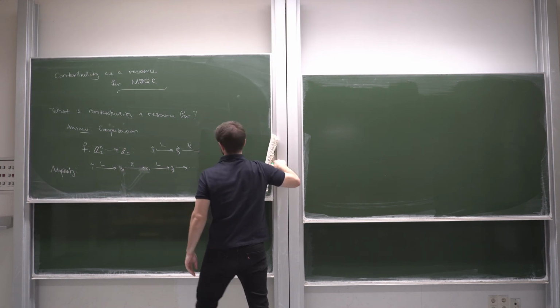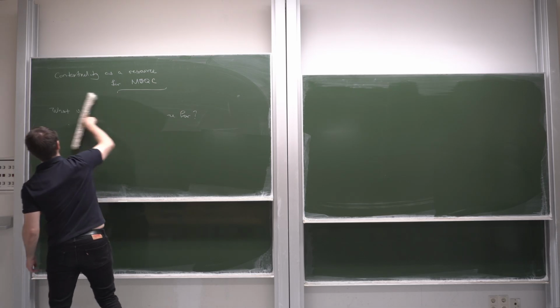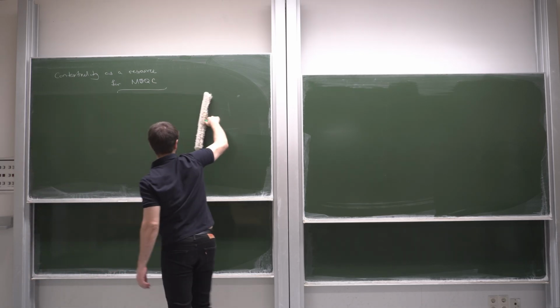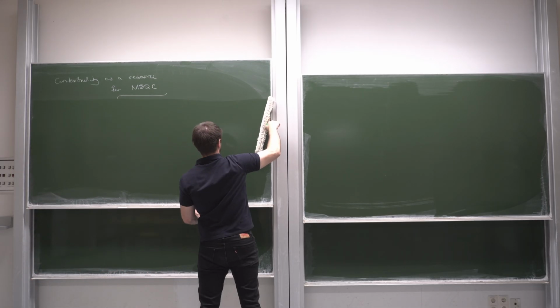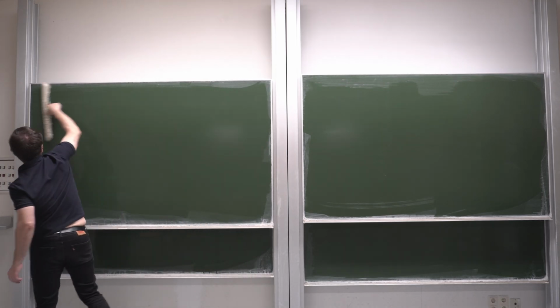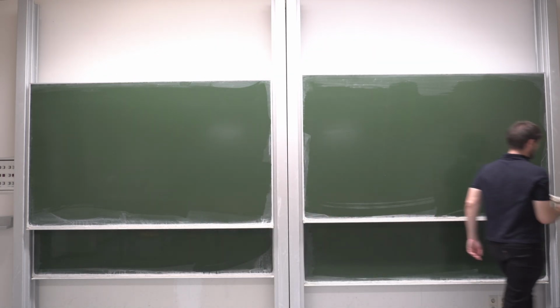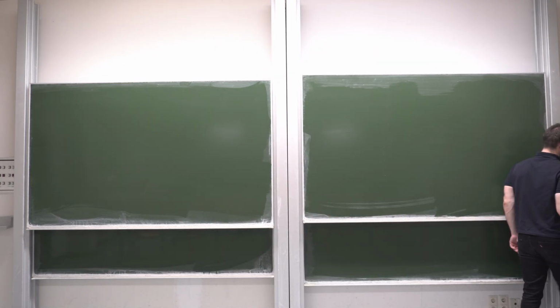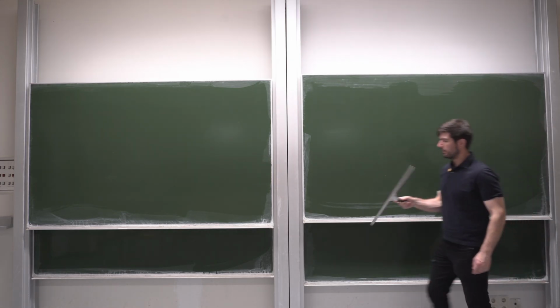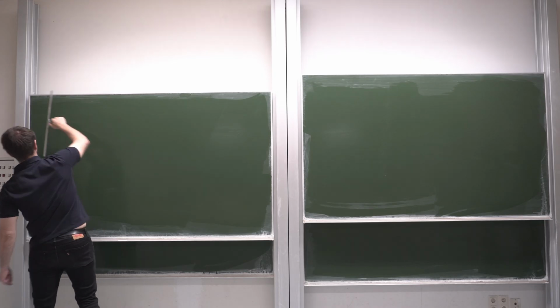So next, we'll see another example of a strongly contextual empirical model, and that is coming from the GHZ empirical model that we've talked about. And that is also strongly contextual.